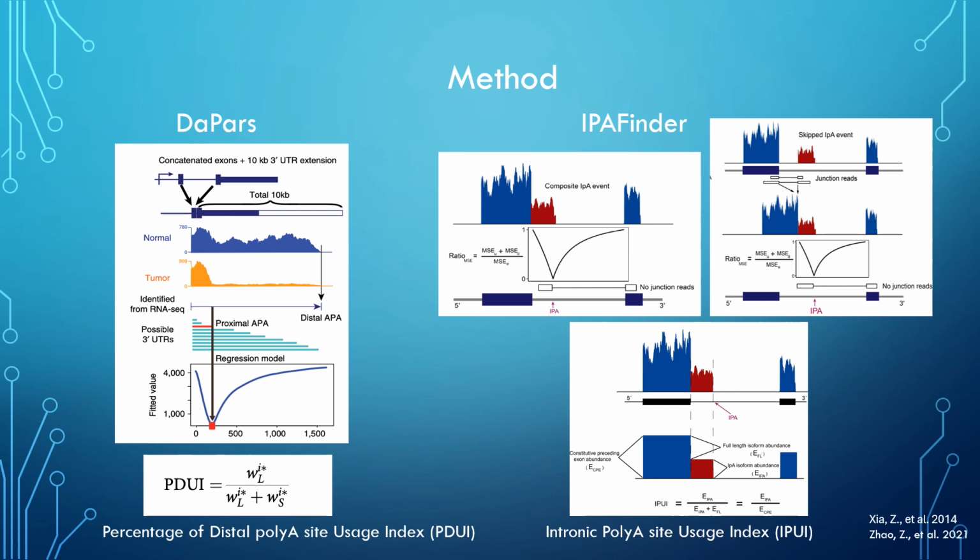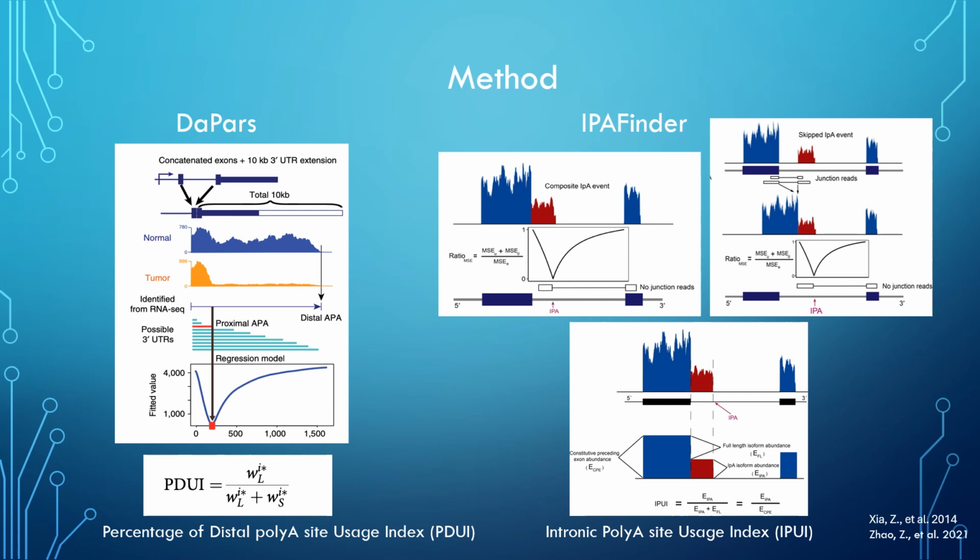DaPars first predicts the location of the proximal poly-A sites, then calculates the percentage of distal poly-A site usage index, also called PDUI, to estimate the proportions of transcripts using the distal versus proximal poly-A sites.